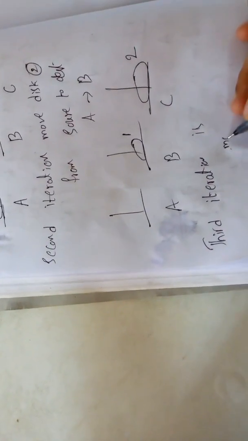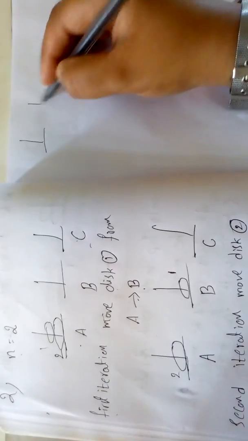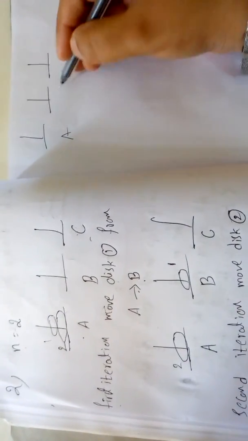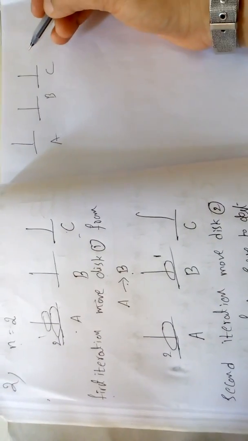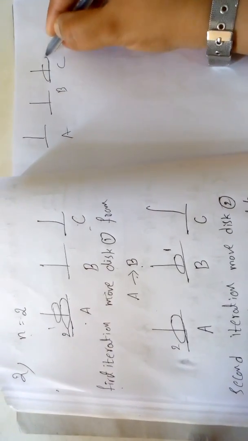Now the third iteration is move disk 1 from B to C. Then the task will become like this: A, B, C. On C we already have 2.